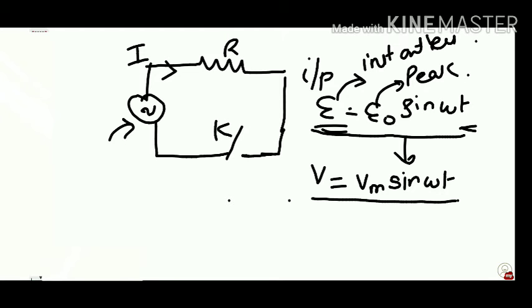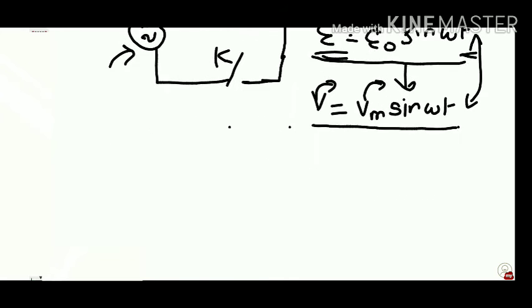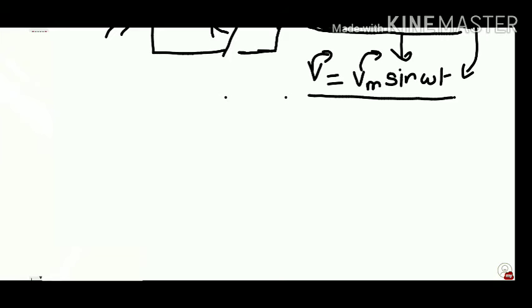Both are the same, just the representation has been changed, where Vm is the peak voltage and V is the instantaneous voltage. I hope this much is clear. Right, so we are giving an input voltage. After that, let's move on with the derivation.